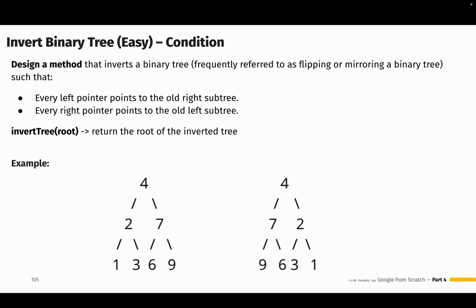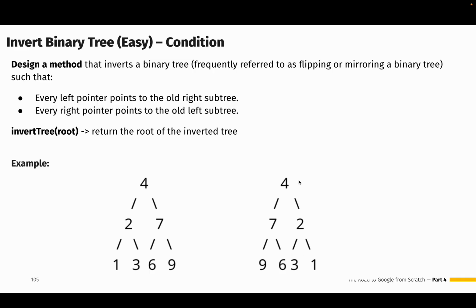So we need to create a method. It can have a different name, but in that case we pass the root of the tree, again this value 4, and we need to return the root of the inverted tree. Below we have an example where the initial tree looks like this, and after we invert this tree, it will look like this.